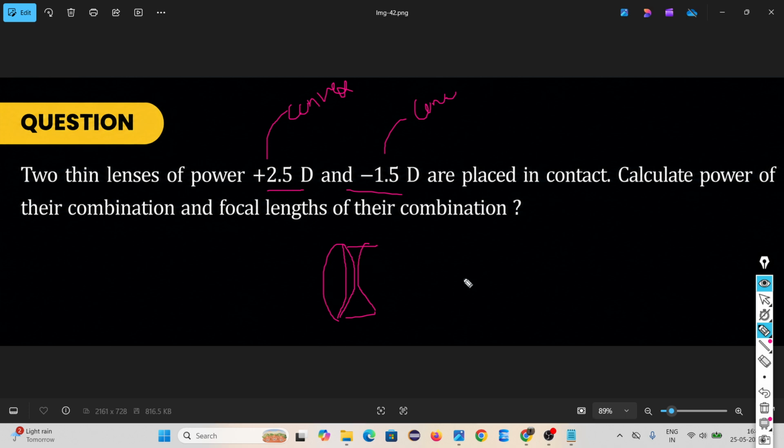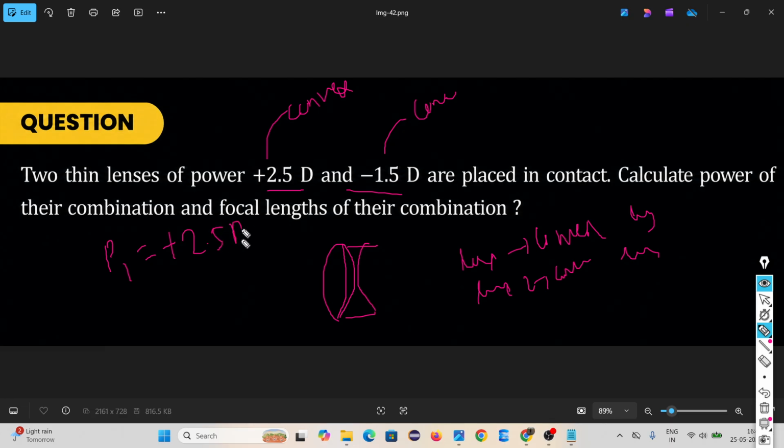First lens number 1 is a convex lens. Lens number 2 is a concave lens. P1 equal to plus 2.5D, diopter is the unit of power, and P2 is equal to minus 1.5D.